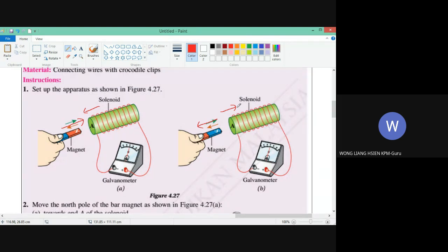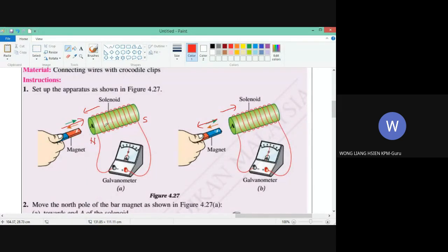So that means how is it that it can oppose the motion? That means this magnetic field from the solenoid must produce, you see here, if this is north, how is it that it can repel? This side must be north. This side must be south. So north and north will repel.